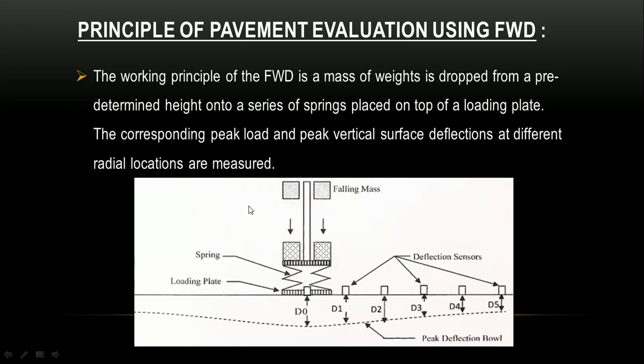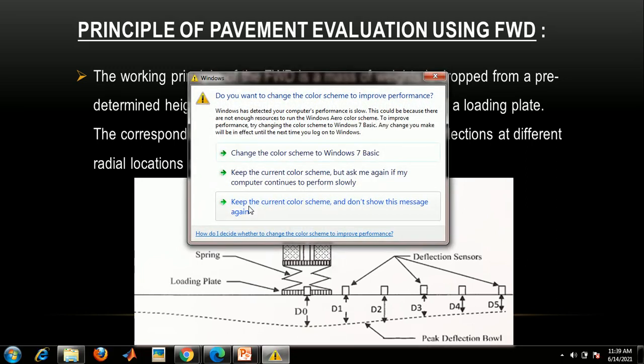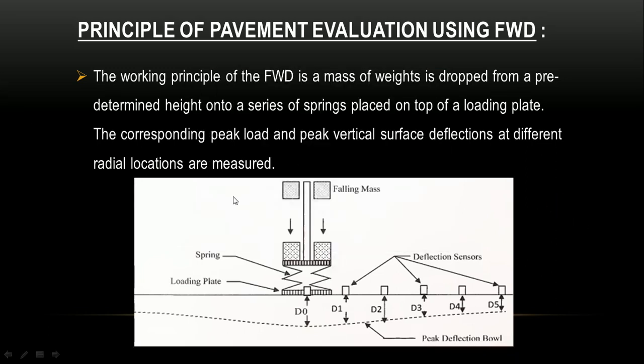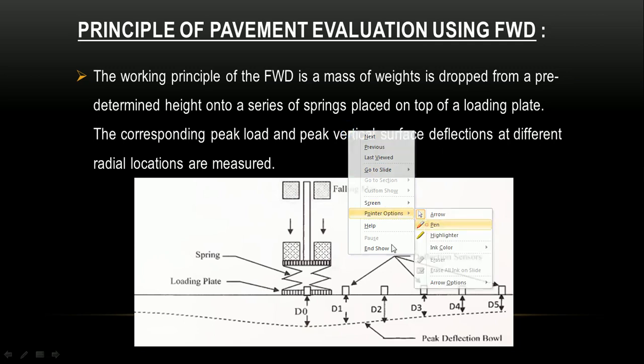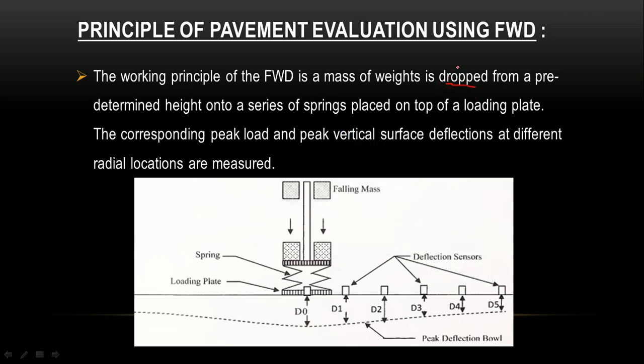You can observe the figure given here. The main principle of pavement design here is using FWD. It works based on the principle that you can observe in the figure: the mass of the weights, 80 kilonewton as per the specification, is dropped from a predetermined height.